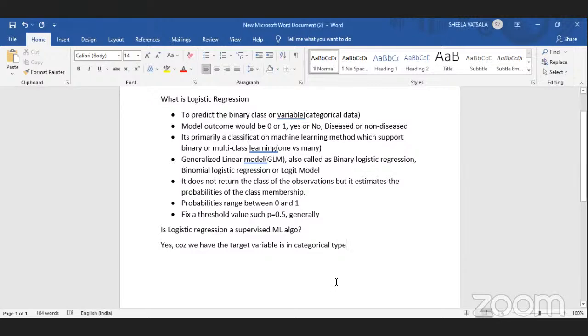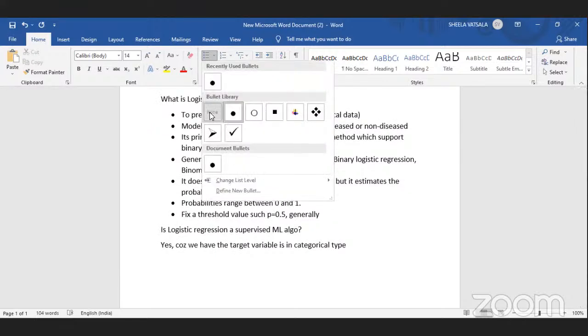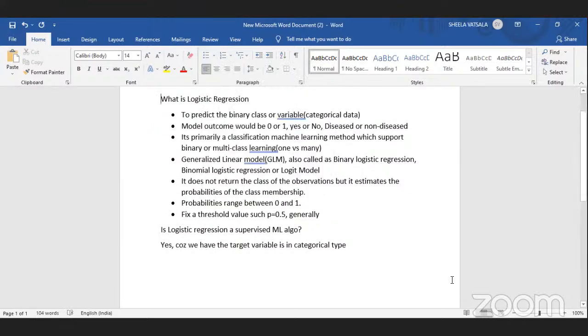So we just keep on writing without numbering it. It's okay.